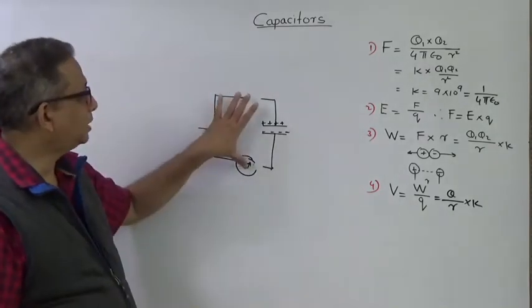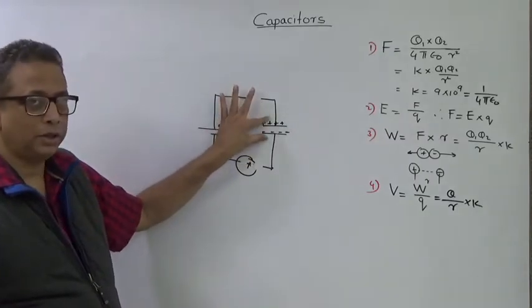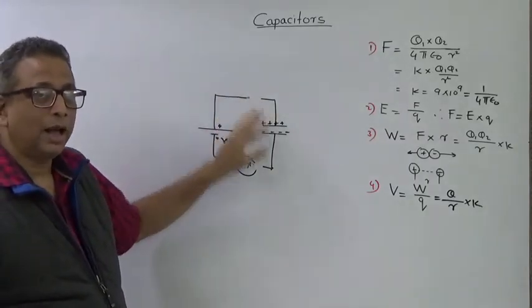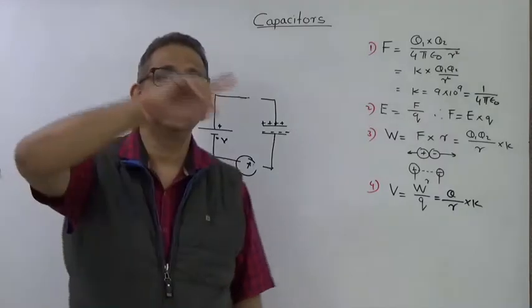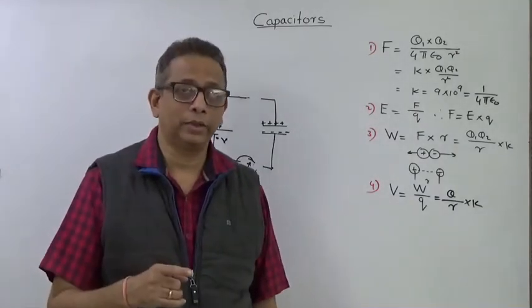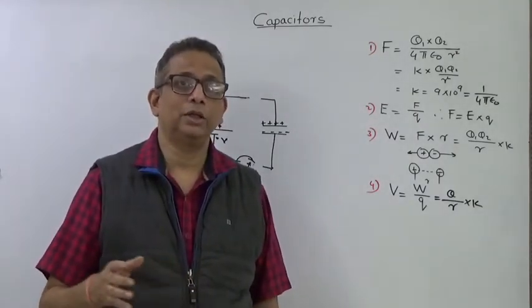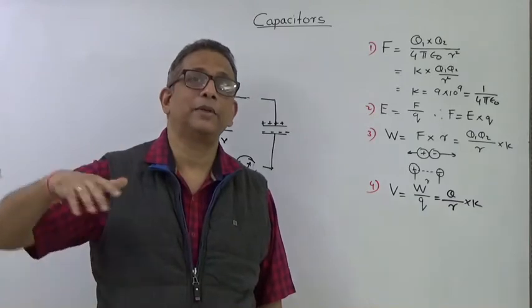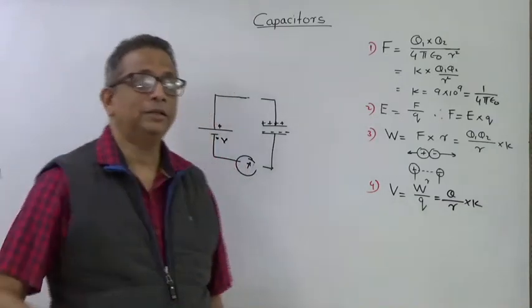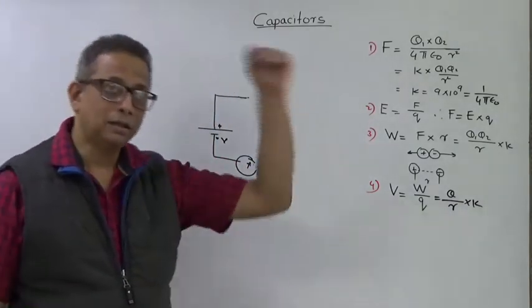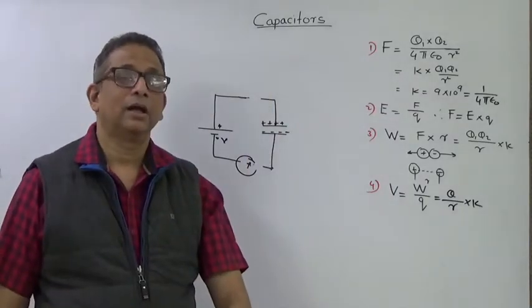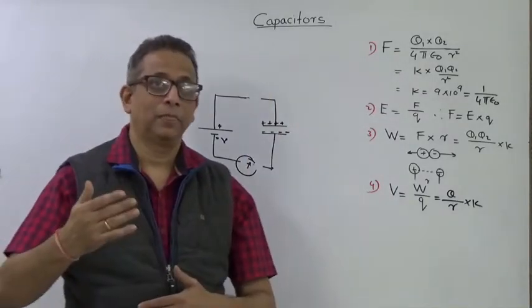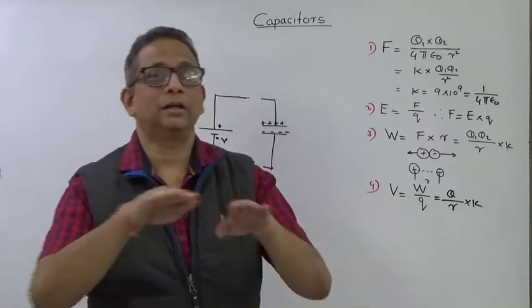The instant I connect to this, the voltage here was 0 because the capacitor was not charged, and the current flowing through that circuit was a full-fledged current, which slowly starts becoming 0 as the capacitor starts getting charged. Means in a capacitor the current starts flowing first, and then the voltage is developed, and when the voltage is developed, the current is 0.